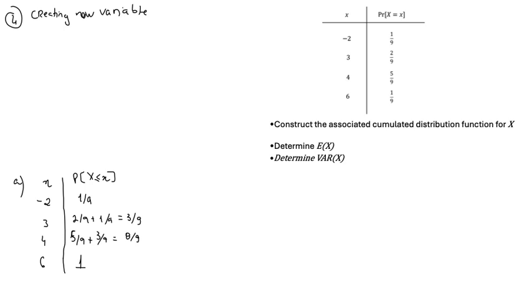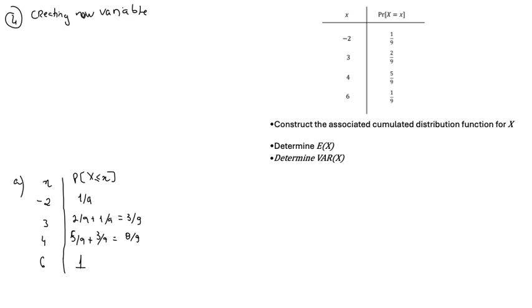So this is 8 9ths. And you can check if you did it right. The probability of being 6 would be 1 9th, right? Plus the row above, which is 8 9ths. So it's 9 over 9, which is equal to 1.